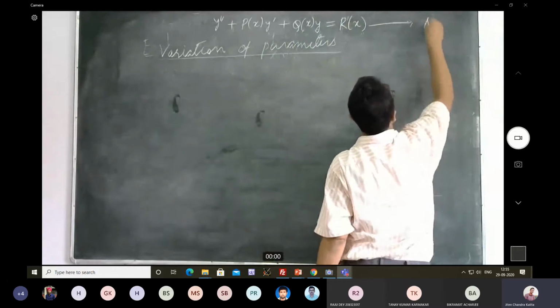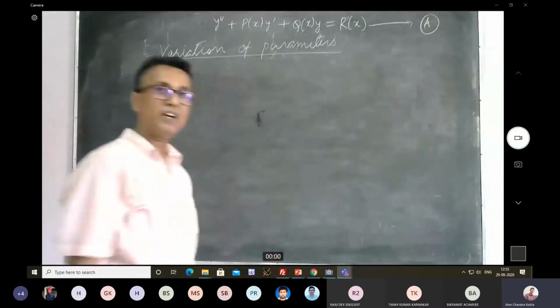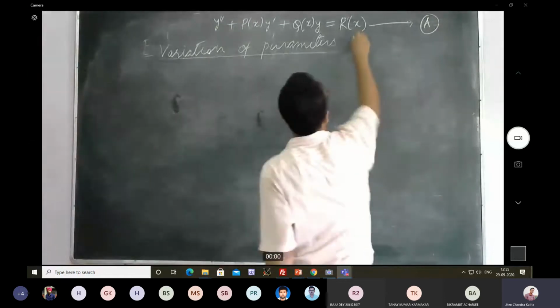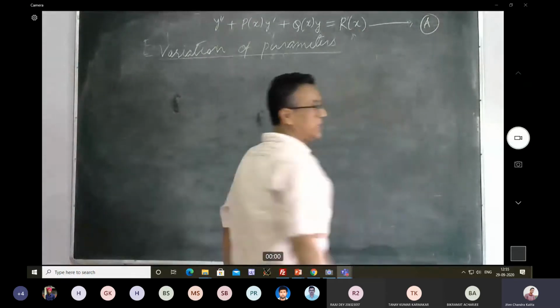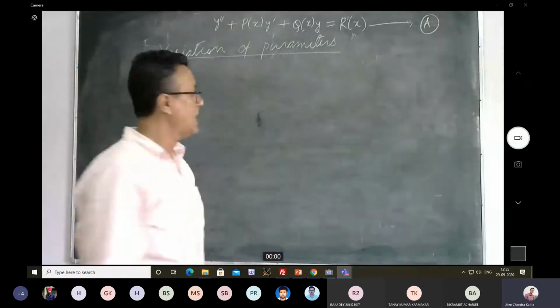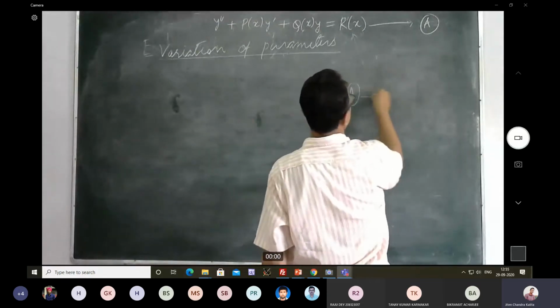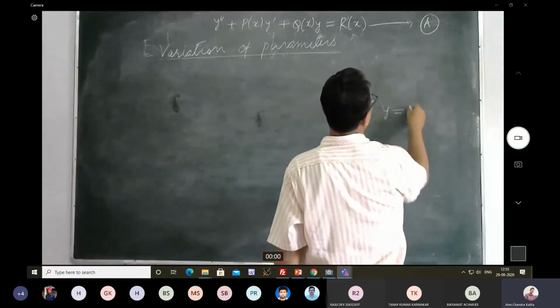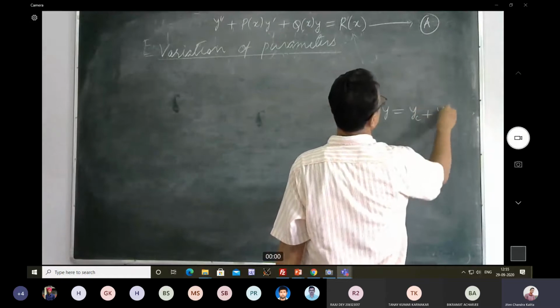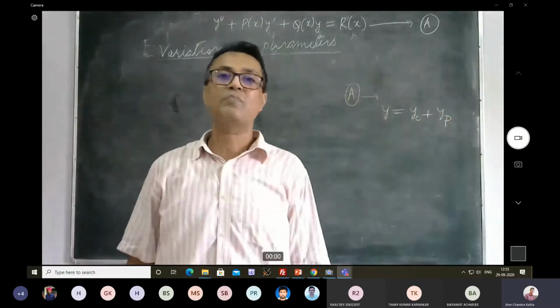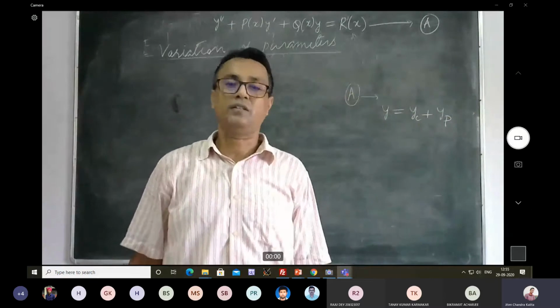Let me call this A. You already know that if this is equal to 0, it gives the homogeneous counterpart, and the solution of this differential equation A is of the form y equals yc plus yp, where yc is the complementary function and yp is the particular integral.